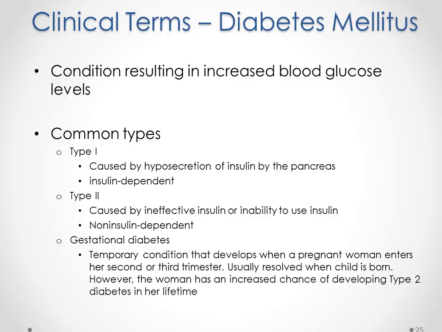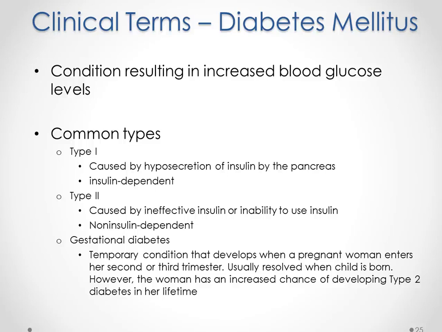The second type of diabetes mellitus is type 2 diabetes. And this is where the body is producing insulin. It might not be producing enough insulin, or the rest of the cells might not be able to use the insulin the body is producing, but the body is actually making some insulin.